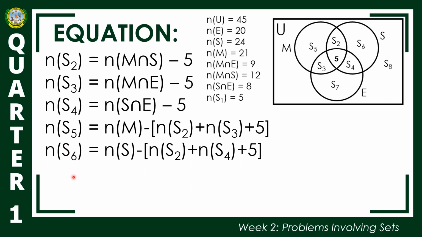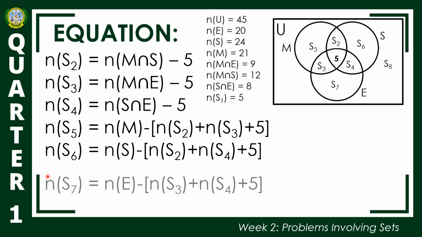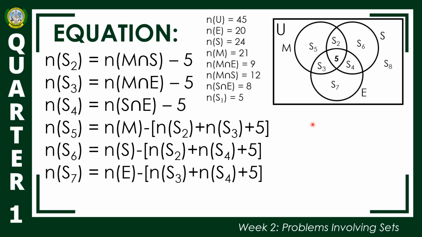So, para sa S sub 6, isusubtract po natin sa total number of elements ni S yung sum ng elements ni S sub 2, S sub 4, at S sub 1. Sa S sub 7 naman po, isusubtract natin sa total number of elements ni E yung sum ng elements ng S sub 3, S sub 4, and S sub 1.